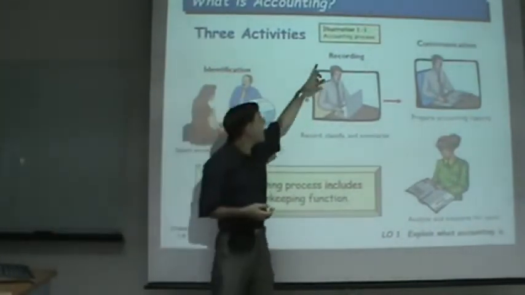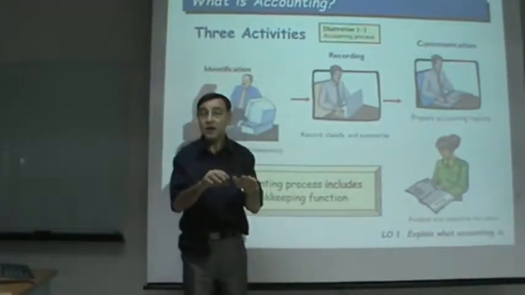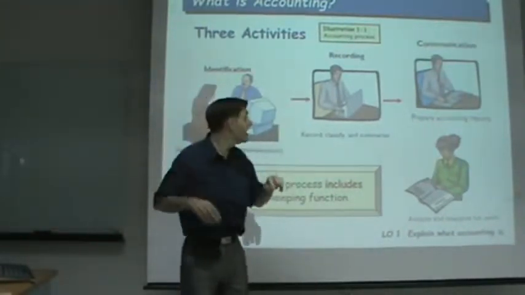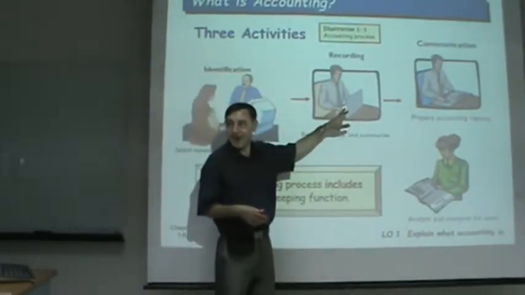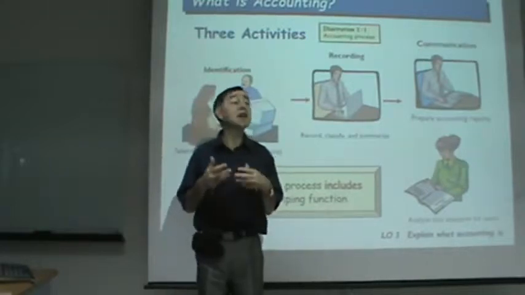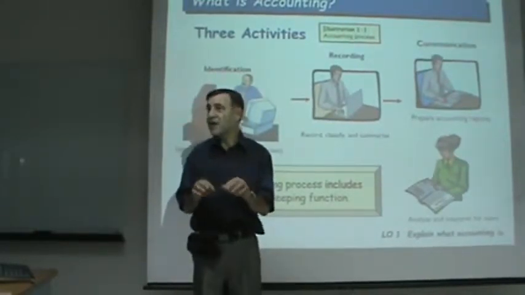The next one is you actually record it, okay? So you put it in the books, that's what we say, books. But today, the books are usually not notebooks, right? Usually it's done in a computer accounting system. It's done in a software.